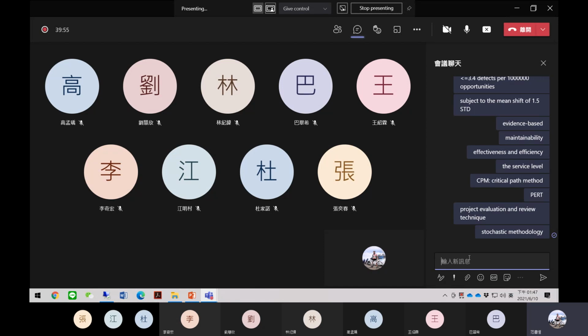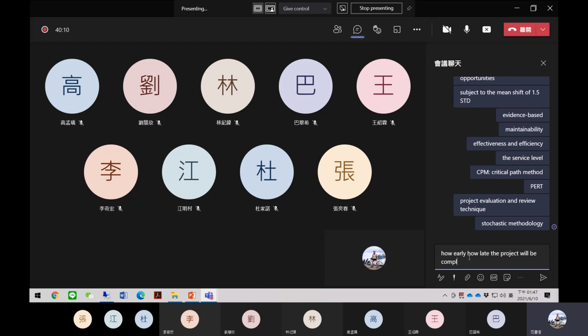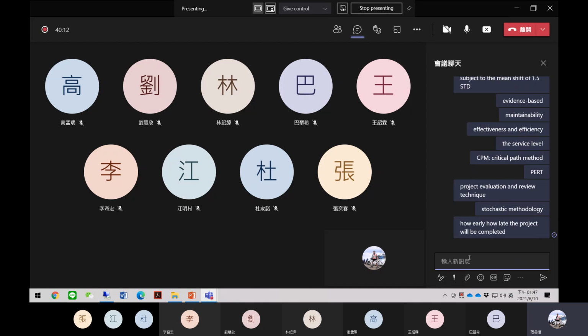It determines how early and how late the project will be completed.